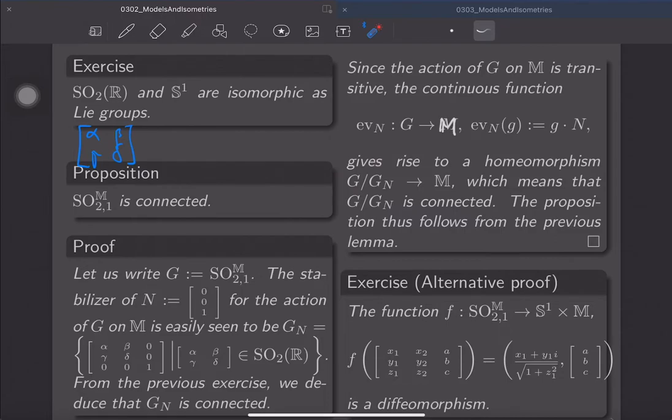Moreover, the stabilizer of the North Pole is isomorphic to SO(2)(R), which in turn is the circle in disguise. And I gave a rough argument as to why SO(2)(R) is really the circle in disguise.